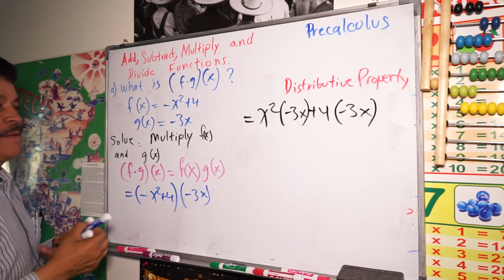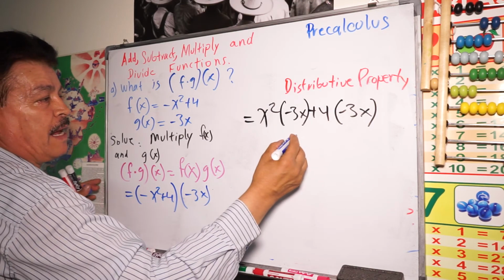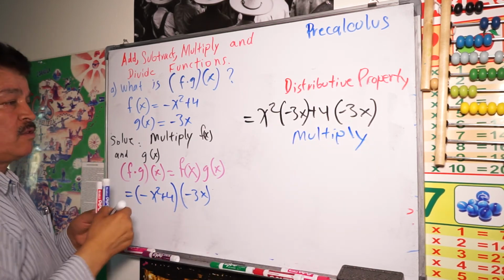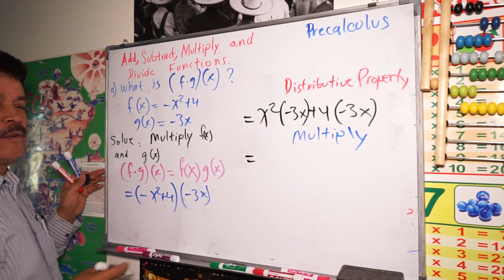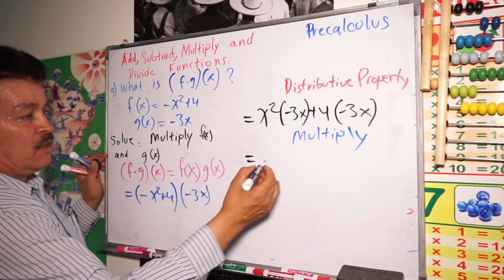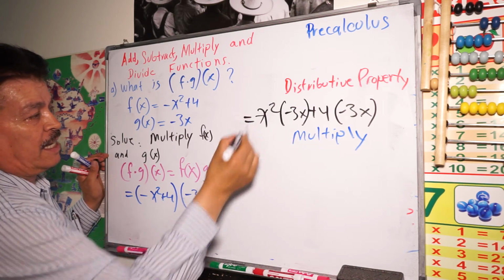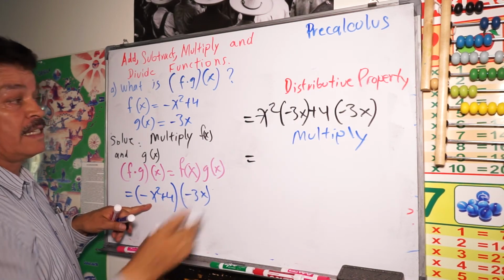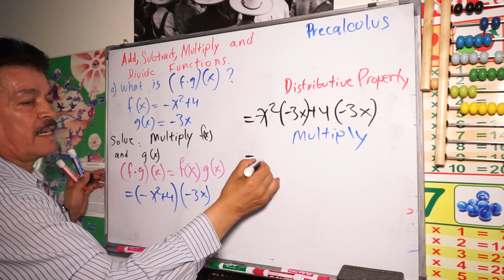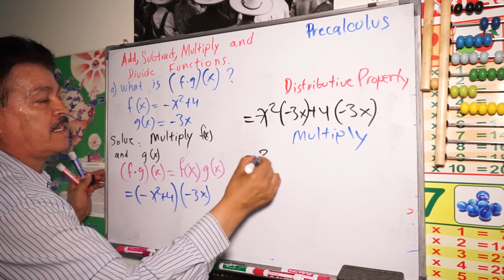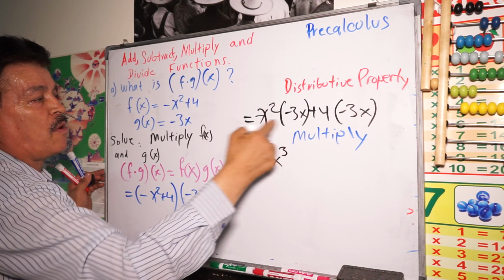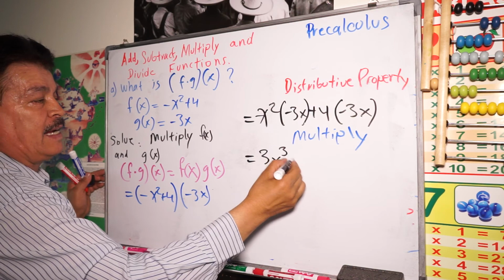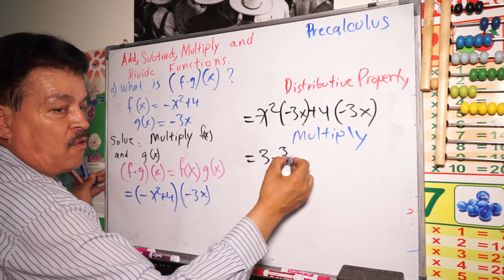So, distributive property. Now multiply. Negative x squared times negative 3x gives 3x to the third power, since x times x squared is x to the third.